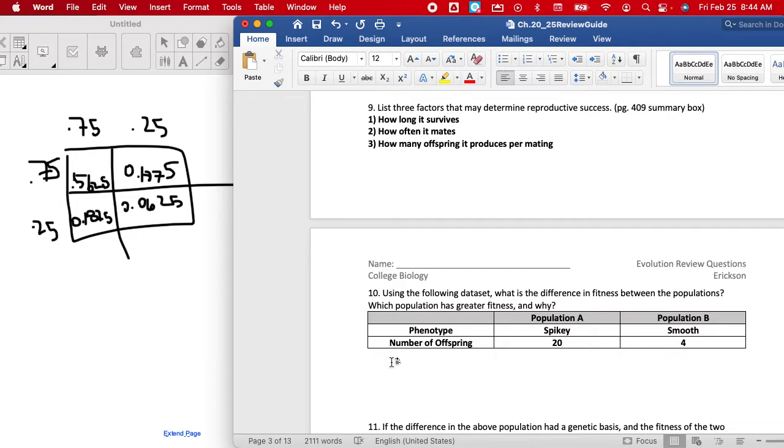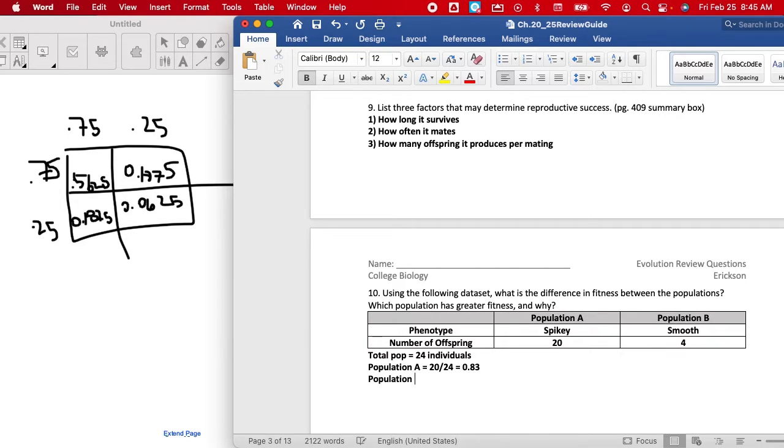Okay, use the following data set. What is the difference in fitness between the populations? Which population has a greater fitness and why? To figure out the fitness you have to figure out the total population. Total population equals 24 individuals, right? For population A, 20 out of 24, so 20 divided by 24 gives 0.83.